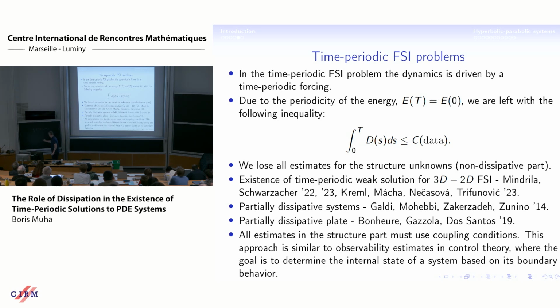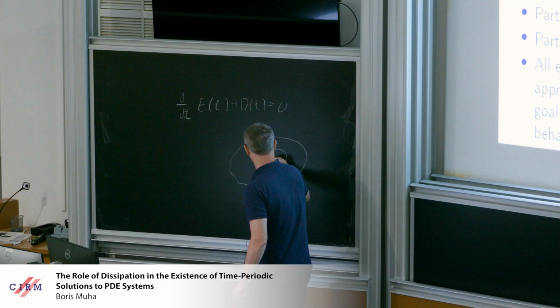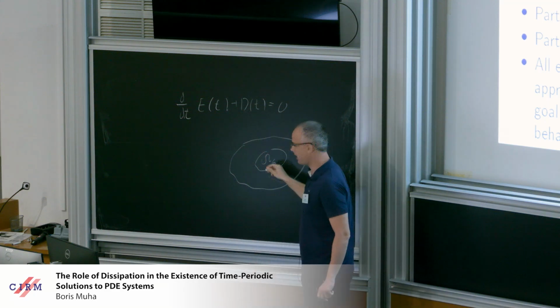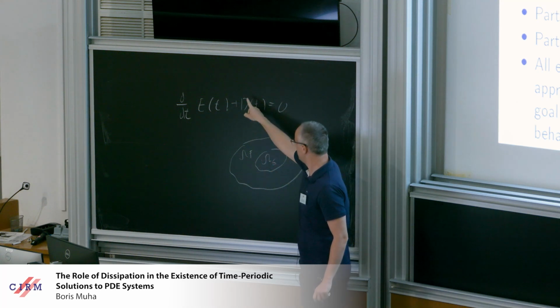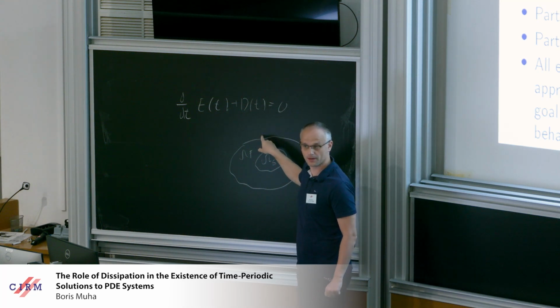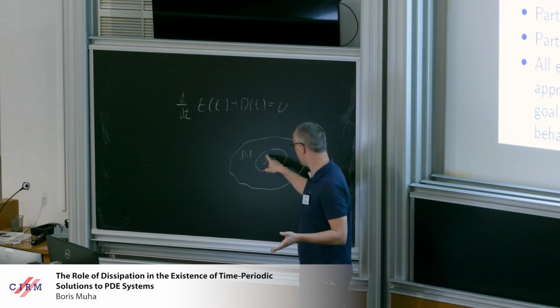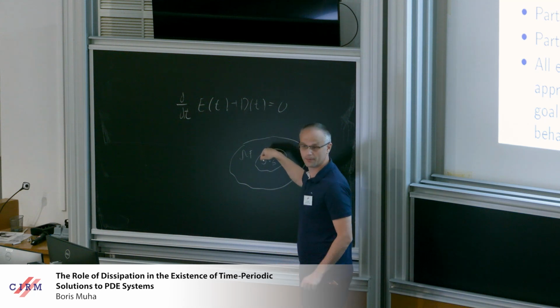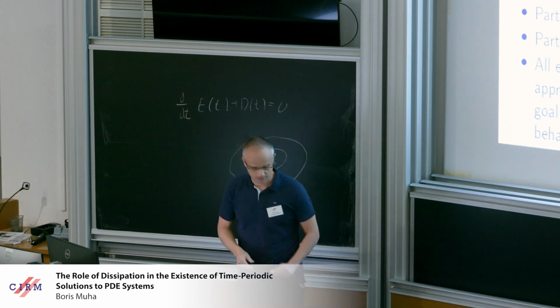So let's say you have some big domain, and then you have, let's say, omega s, here is the structure, here is omega f. So dissipation is acting here, and from this term you get some estimate. But there is no dissipation here, so you don't get any estimate here. So if you want to get something, you must somehow go through the boundary. The only way to get the estimate is to go through the boundary.